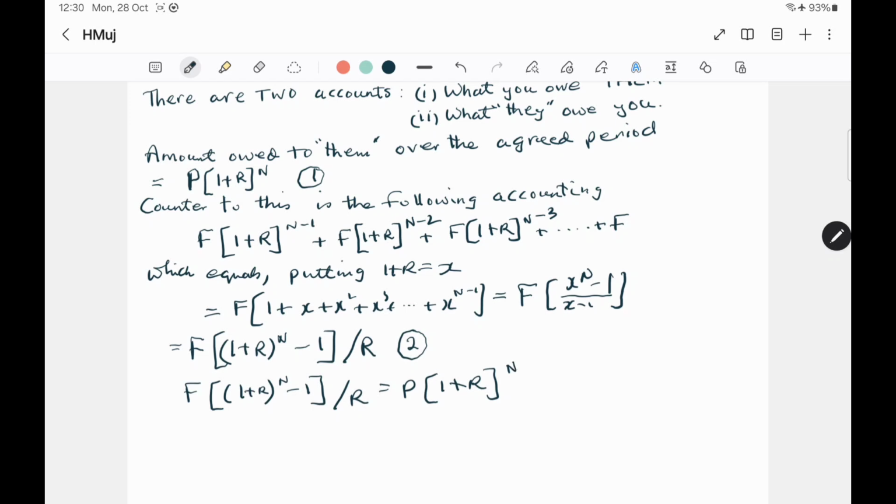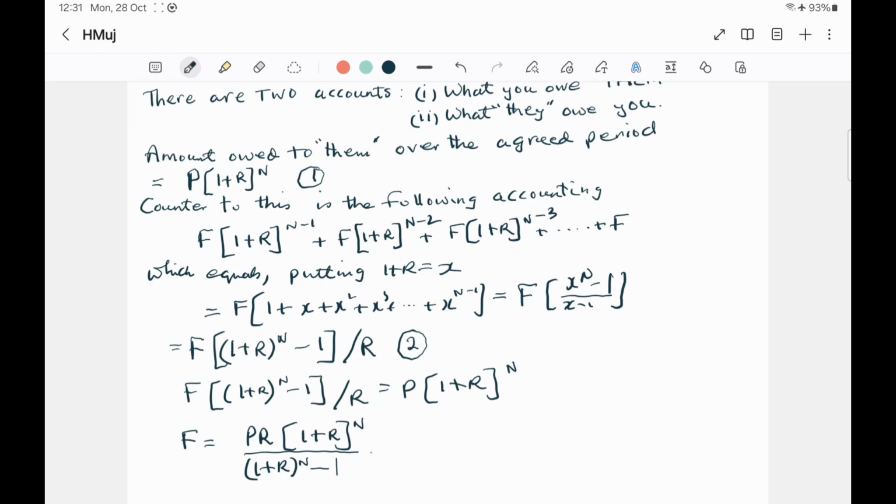And from that, we can easily get F equal to PR times (1 plus R) to the power N divided by ((1 plus R) to the power N take away 1). And that is the formula we are after.